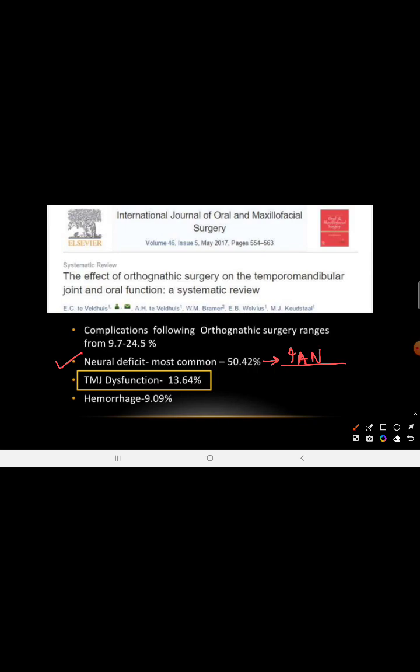They have mentioned that neural deficit is the most common complication, and following that, TMJ dysfunction is the second most common complication. It is present in around 13% of the cases, and this TMJ dysfunction is mainly caused by condylar sagging. Other complications can be hemorrhage or bleeding seen in the intraoperative phase or in the postoperative phase.